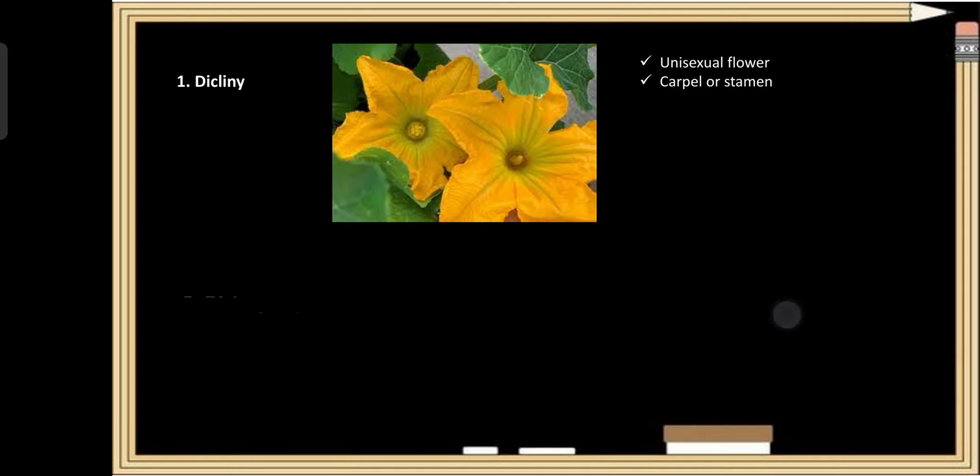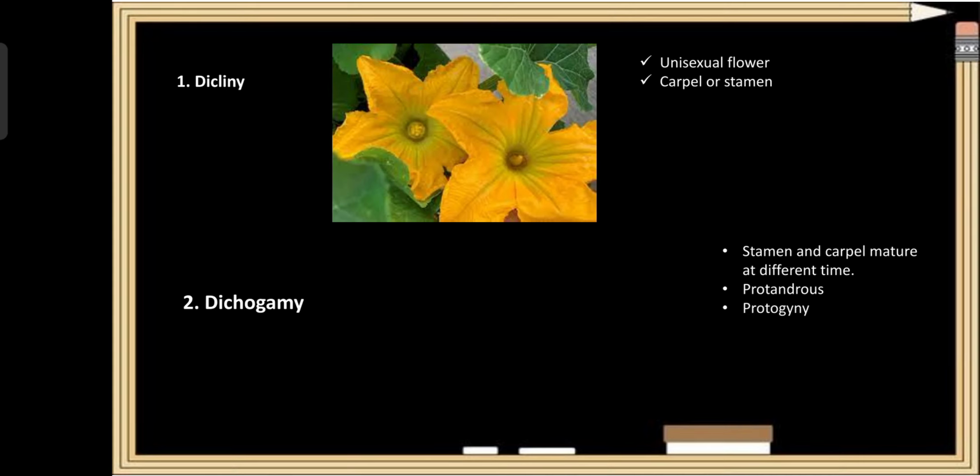Number 2 is called dichogamy. In bisexual flowers, the stamens and carpels mature at different times. There are 2 kinds of dichogamy. Number 1, protandrous. Number 2, protogyny.